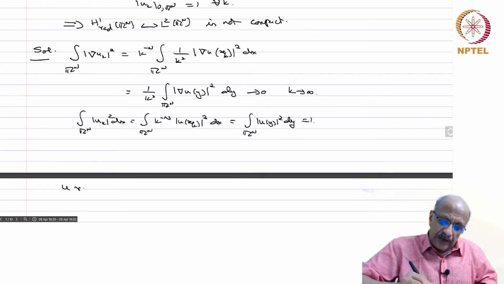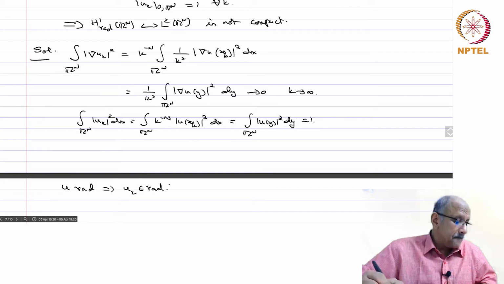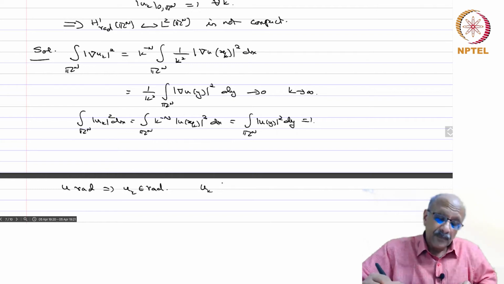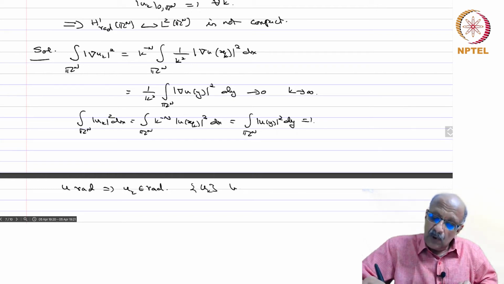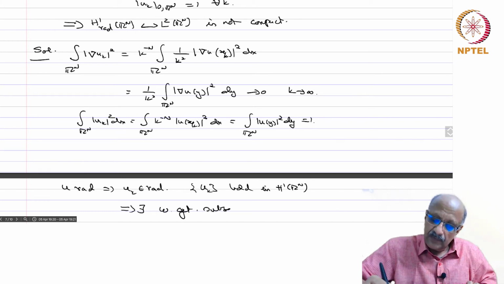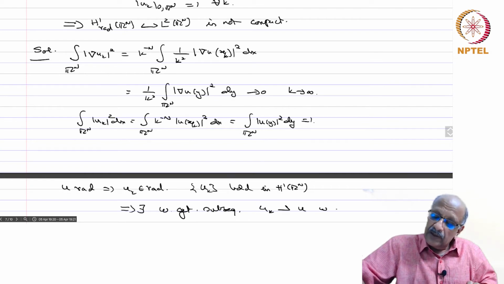So now if u is radial, this implies u_k is also radial, and u_k is bounded in H^1 of Rn, because its gradient norm goes to 0 and the L2 norm is constant. So this is bounded, so there exists a weakly convergent subsequence. So u_k converges to u weakly in H^1 of Rn.